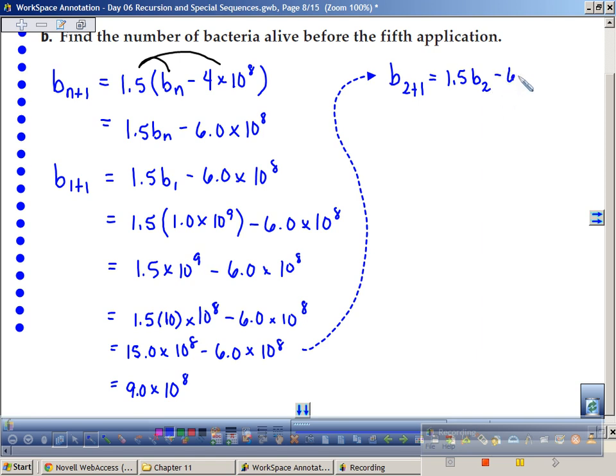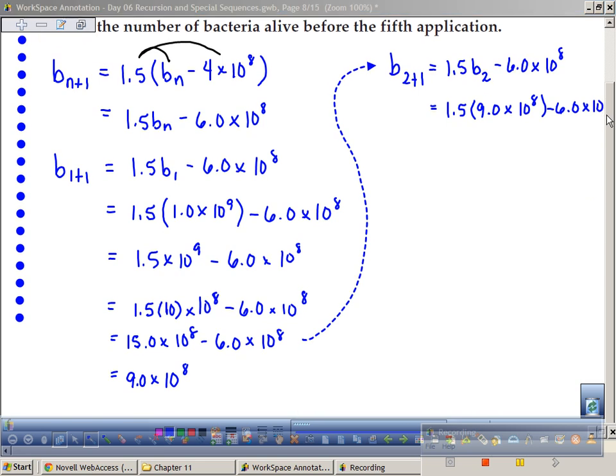Minus 6.0 times 10 to the 8. This one will be easier though, because check this out. 1.5, what is B to the 2? 9.0 times 10 to the 8 minus 6.0 times 10 to the 8.